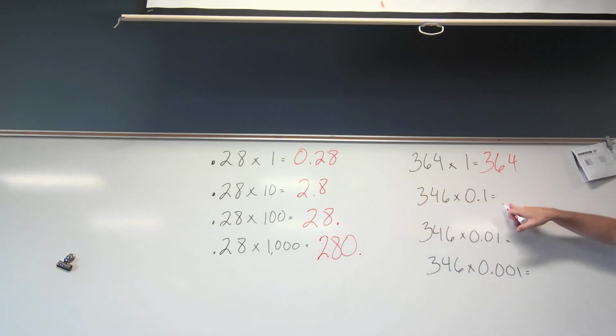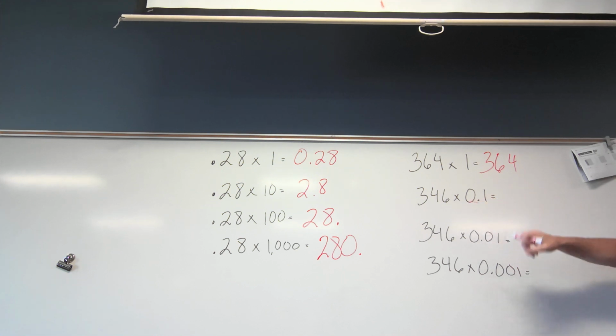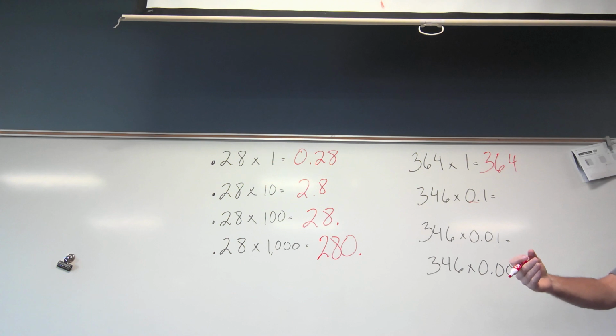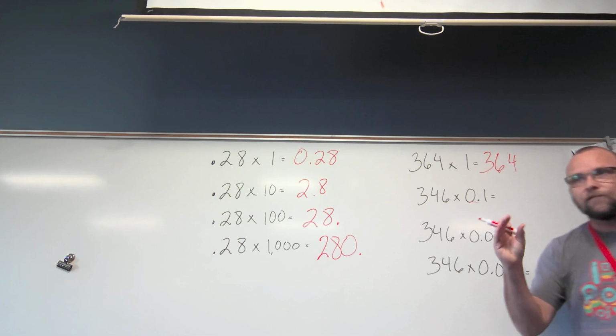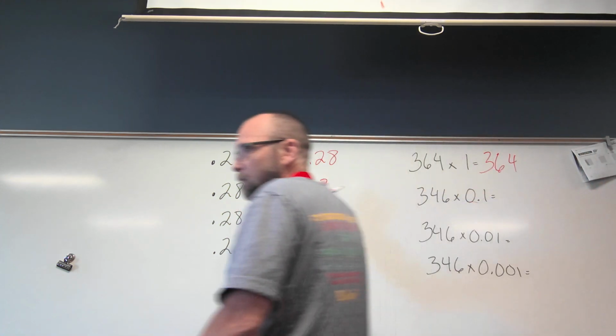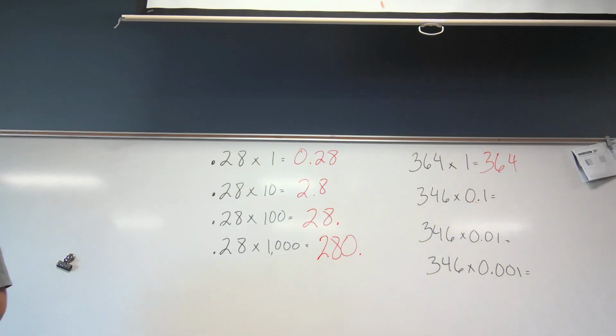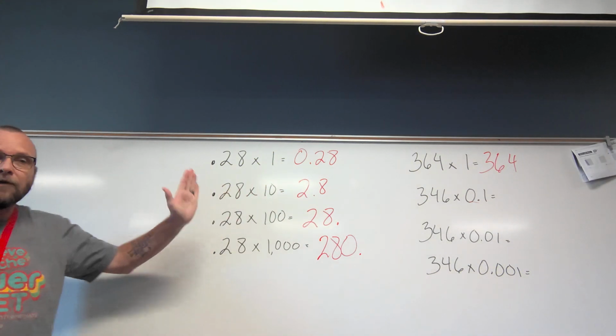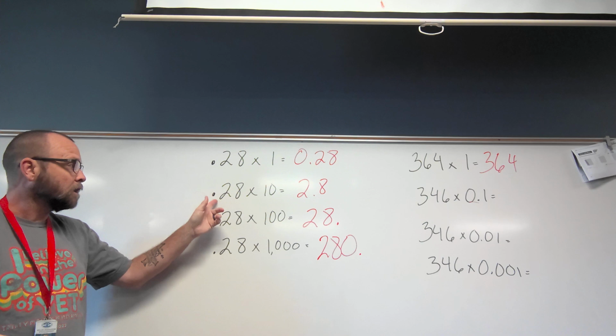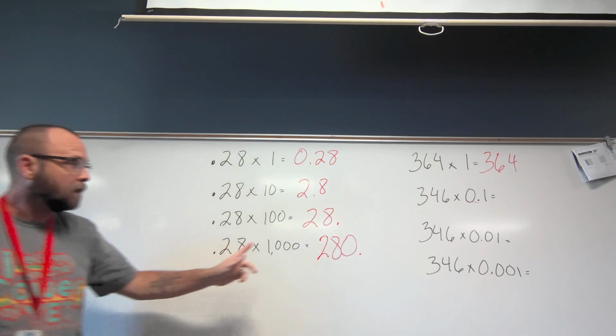So obviously, if I'm multiplying by less than 1, my number is going to get smaller. And since we have a tenth, we want to make each one of these numbers a tenth of what they were before. And remember, in our place values, as we go to the right, each place value is 10 times smaller than the one to the left of it.